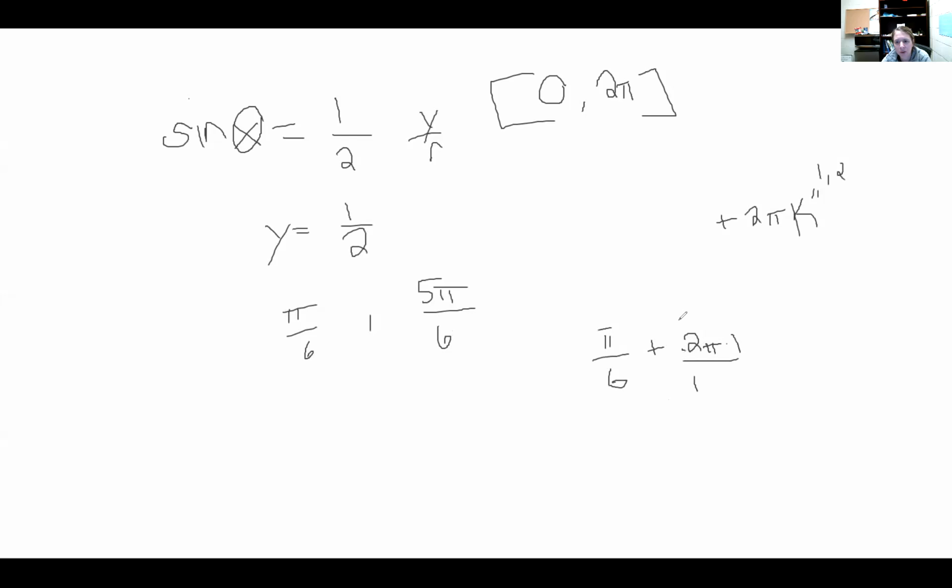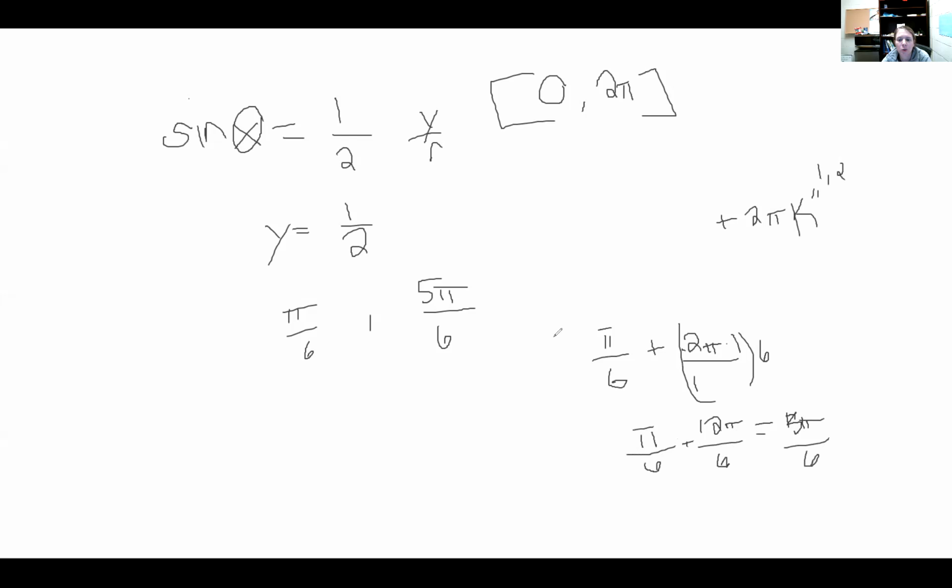I would multiply this whole thing by 6, so you would end up with 12 pi over 6 plus pi over 6. And what does that give us? That gives us 13 pi over 6.